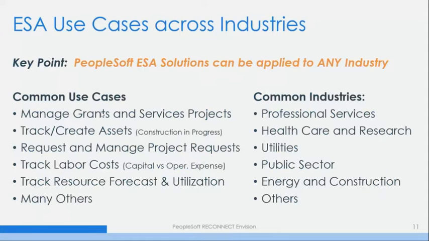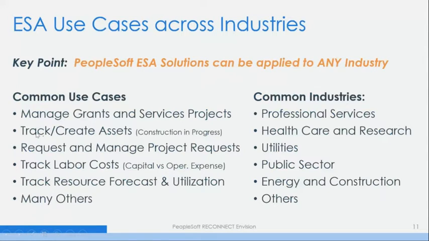So moving on to the next slide. I mentioned this earlier, but ESA has use cases that span industries. Really, the key point is that they can be applied to any industry that runs projects internally. There's definitely a good applicability for these modules. Some of the common use cases, and this is more the traditional, is managing grants and services projects.